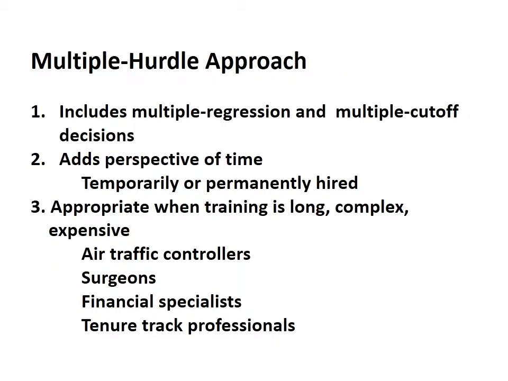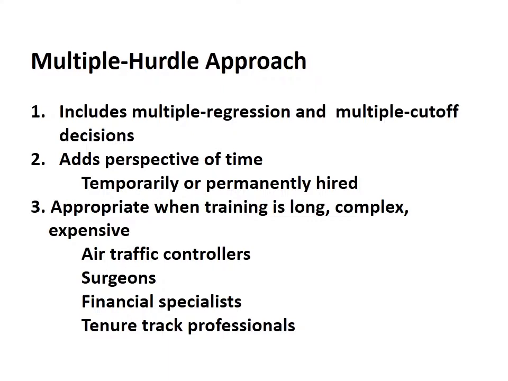So the multiple hurdle approach includes multiple regression and multiple cutoff. It adds the perspective of time to multiple regression. What we're looking at here is that instead of every single predictor having its own cutoff score through a systematic process where you take a predictor, and if you make the cutoff, you get the next predictor, and if you make that cutoff, the next predictor, the multiple hurdle approach generally means that we're going to set up a system where there is a series of selection batteries.